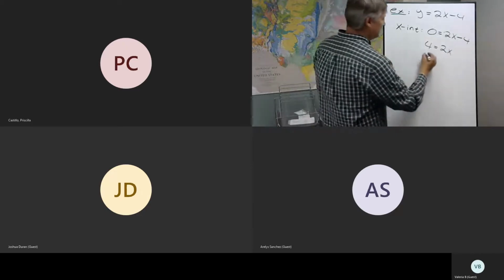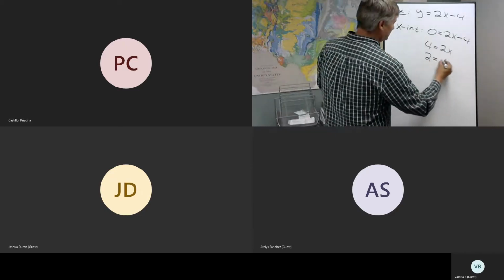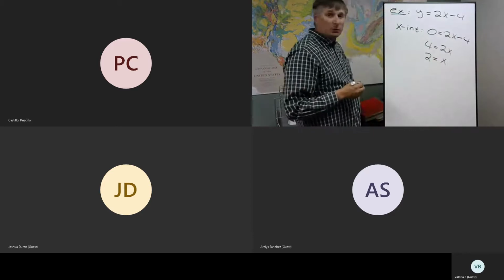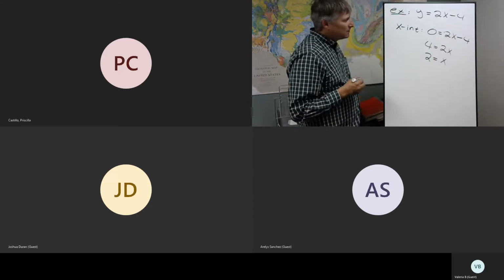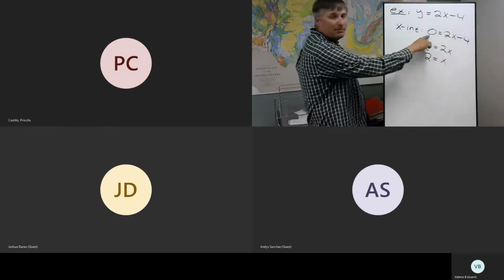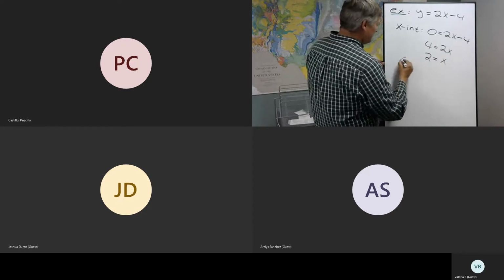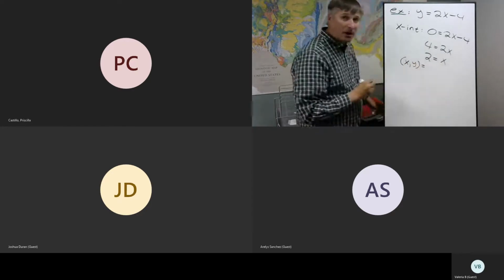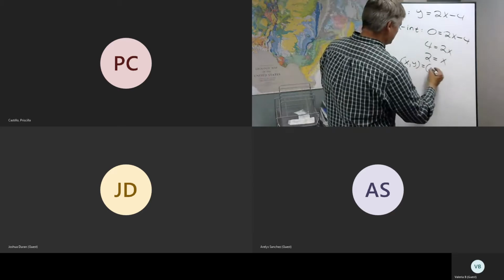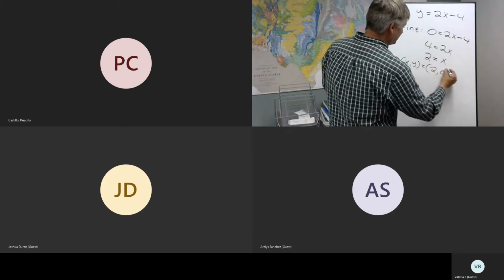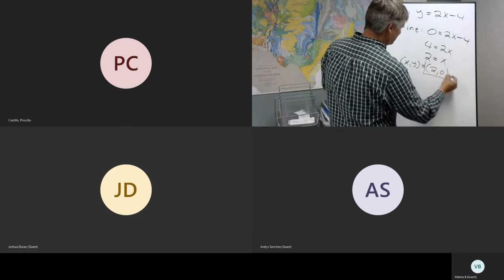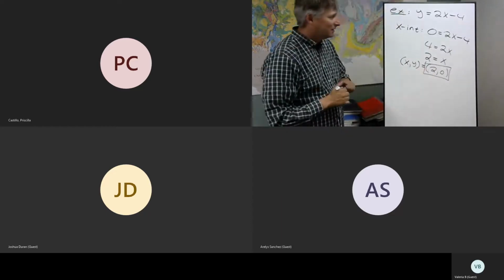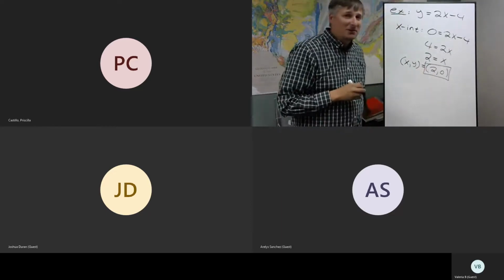Divide both sides by 2. We get x is equal to 2. Now what's happened is we let y be 0. So that means the x-intercept, x comma y, is going to be 2 comma 0. That's how we find the x-intercept.